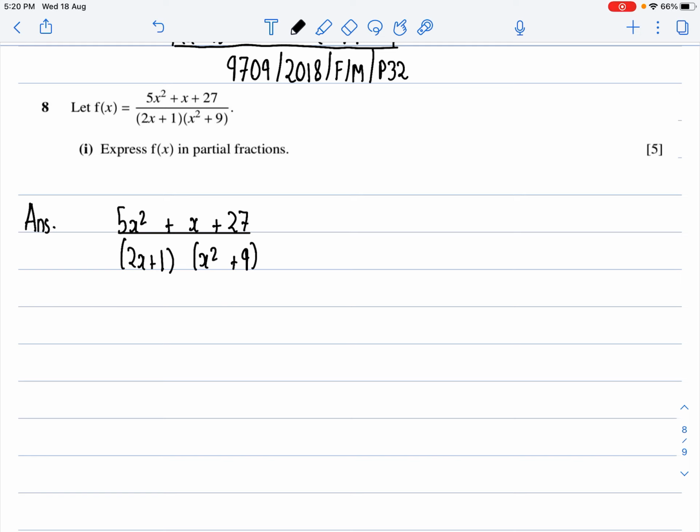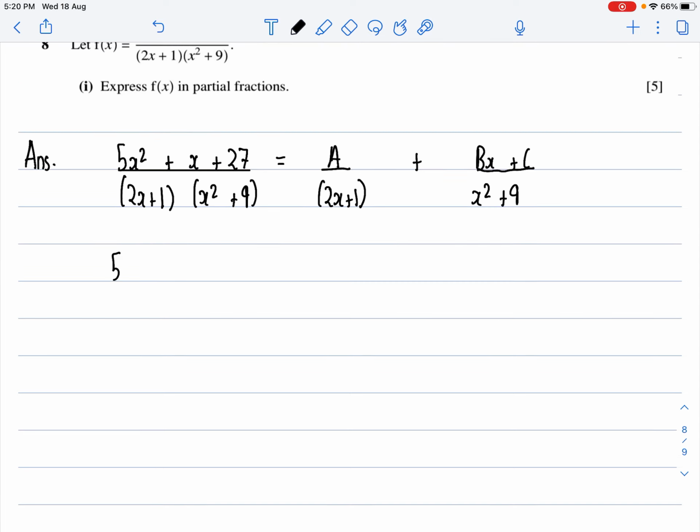Now, you can see it's a type 3 form, so you can write this as a over 2x plus 1 plus bx plus c over x square plus 9.